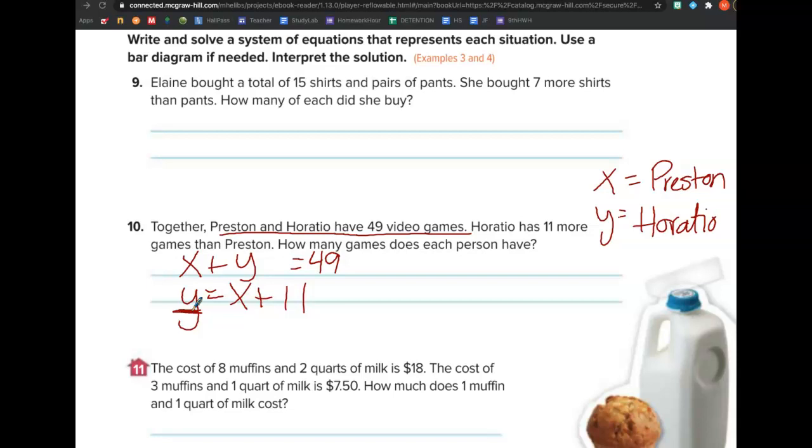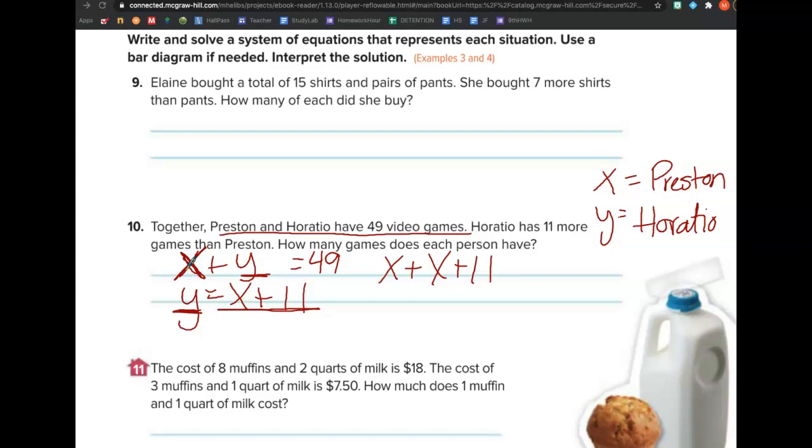So now, do I have one equation where Y is by itself? Yes, so I call for a sub. Who do I sub first? Y. Who am I subbing in for Y? I'm subbing in X plus 11. So I'd have X plus X plus 11, right? You need 2 X's there because this guy stays the same. I'm not subbing him.